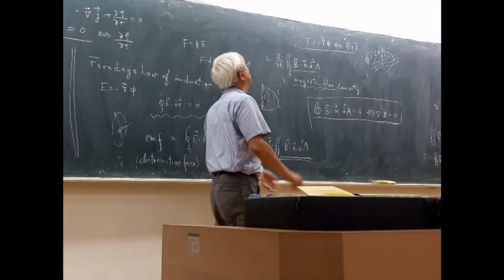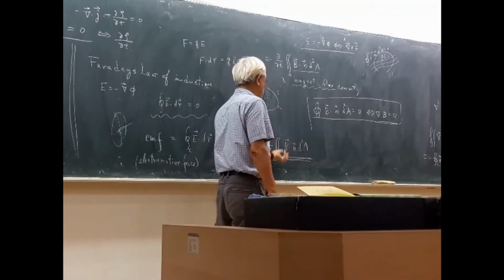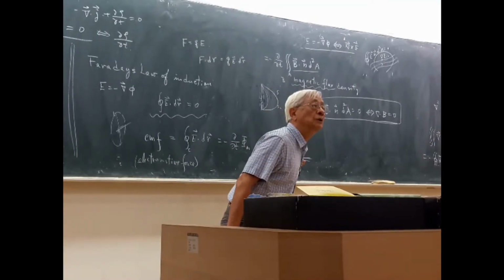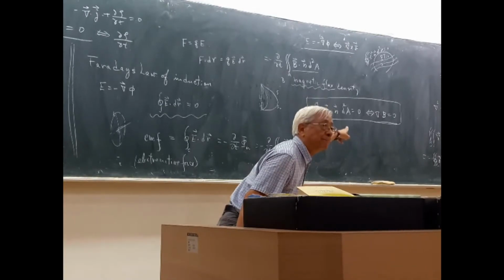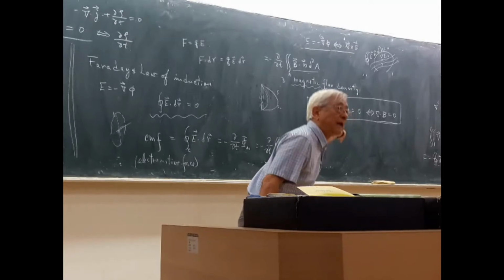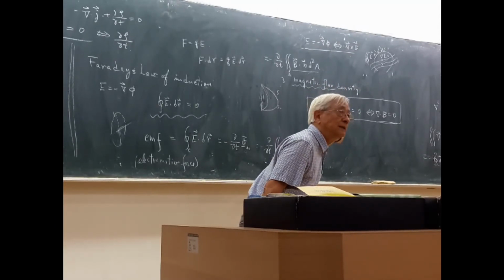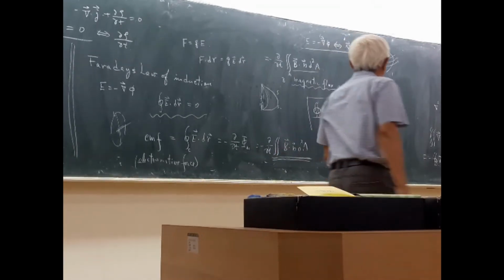The flux must be the same, otherwise it would be very difficult to know which magnetic flux you are going to use. So the magnetic flux is conserved, and divergence of B is 0.